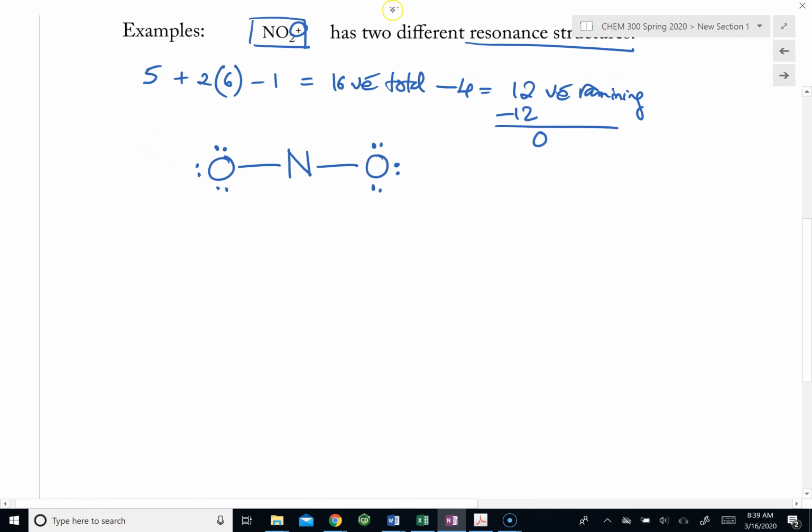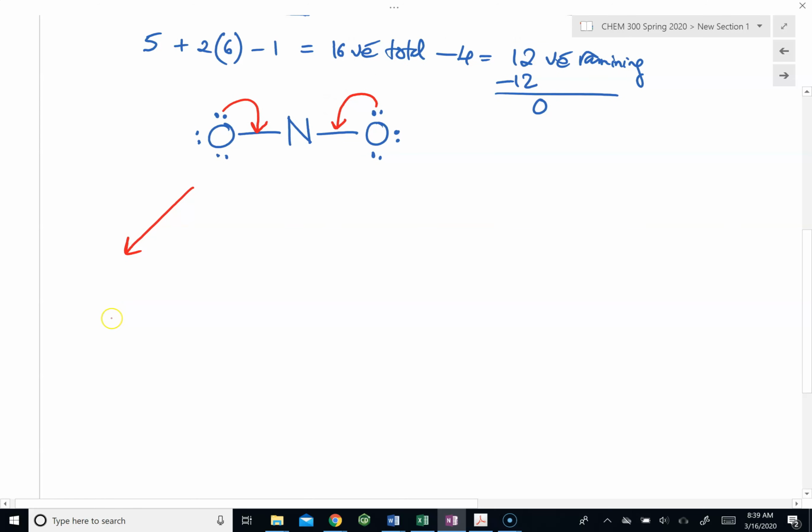So in the first way, method A, we would be moving 1 lone pair from each oxygen. We're going to move 1 lone pair from this oxygen and the other pair from the other oxygen. And the structure that we would now have will be as follows.